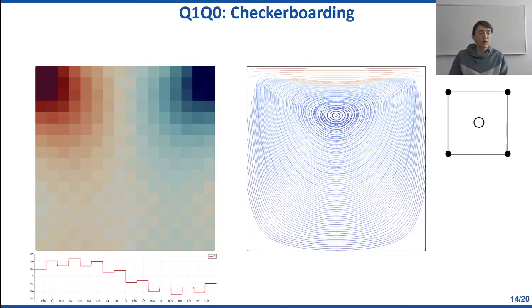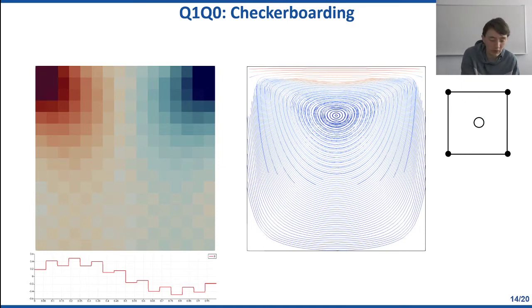So then the next one, where we have a Q1, Q0. Q means that we're dealing with square elements rather than the triangles. And 1 means again that we have first order, polynomial order of 1, nodal finite elements for our velocity, and Q0 means that we have per element constants for our pressure field.